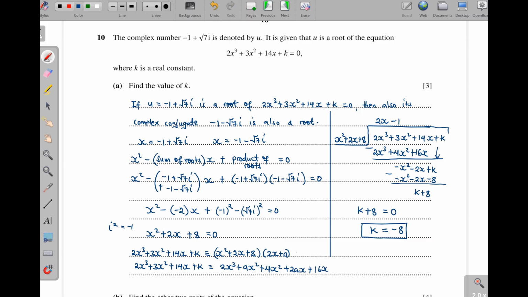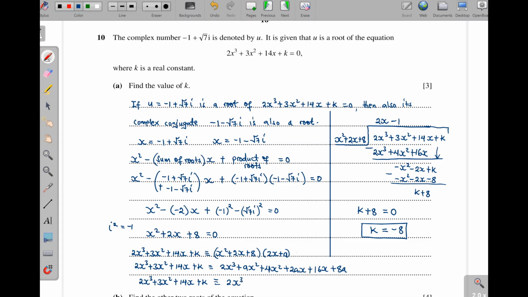Then what else? We have 8a. Now, this one means that I'm going to take this one down here. We simplify this.